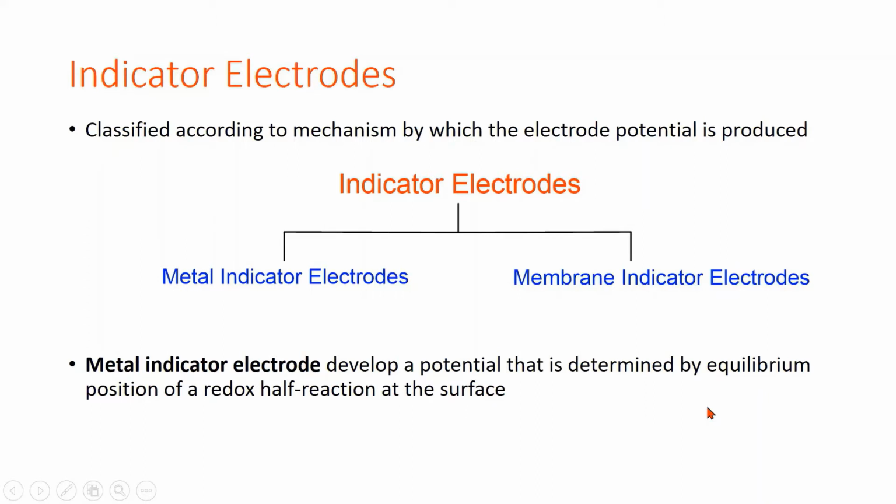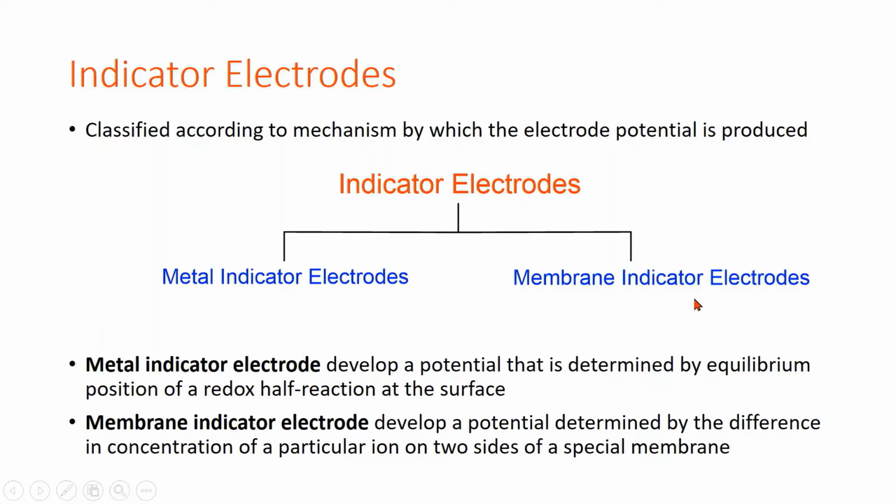Metal indicator electrodes develop a potential that is determined by the equilibrium position of a redox half reaction at the surface, whereas membrane indicator electrodes develop a potential determined by the difference in concentration of a particular ion on two sides of a special membrane. The mode of action in metal indicator electrodes is electron transfer, whereas in membrane indicator electrodes it is ion selective.